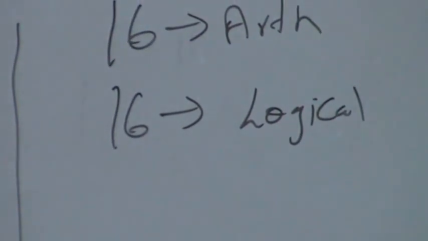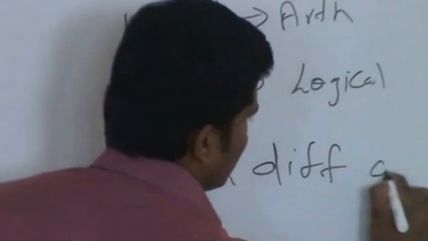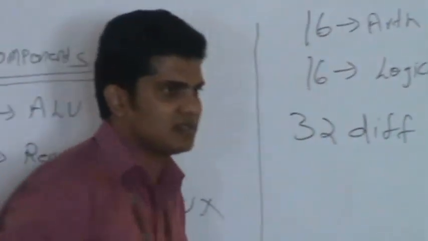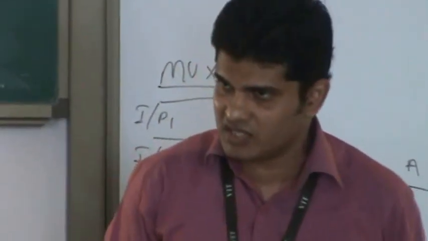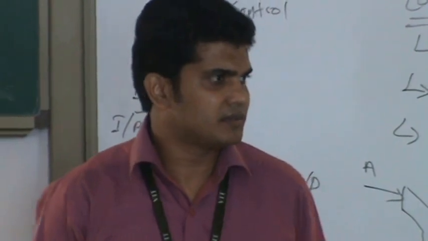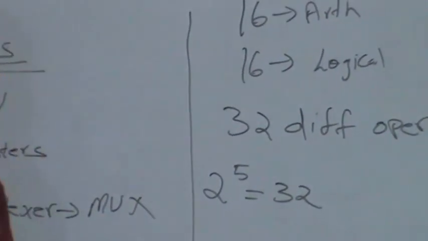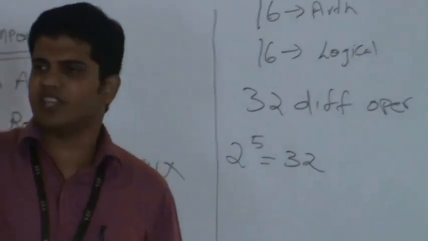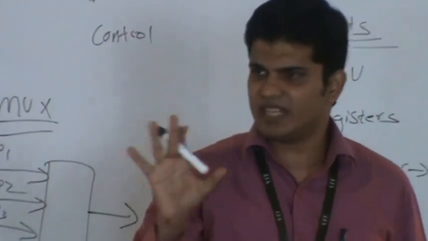So in total we have 32 different functional operations. To represent 32 different functional operations, how many bits are required? We require 2 to the power of 5, that is 32, to represent a unique operation code. Yes? We require 5 bits.